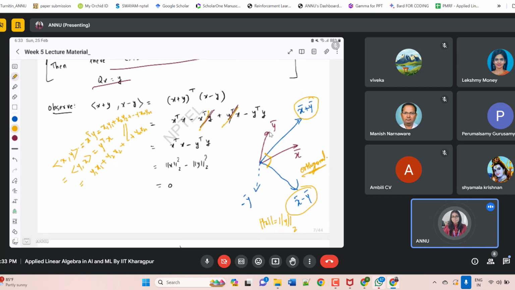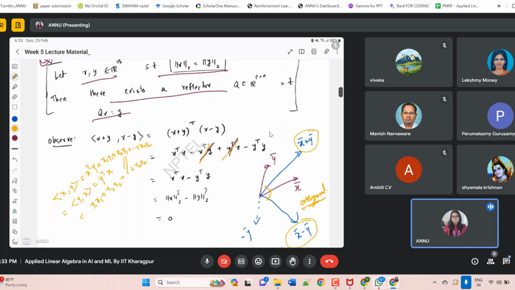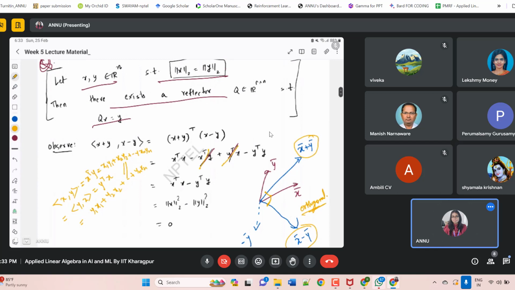If it is an orthonormal vector, then mod of U will be 1 only. Now in our case we are trying to find such a way. We found two orthogonal vectors. Now we have to find Q such that Qx is equal to y.